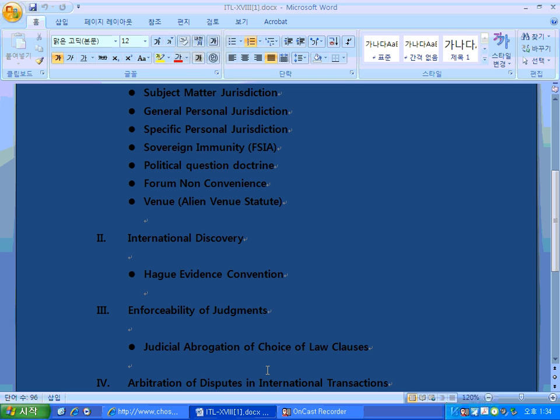Of course, there are several practical reasons to prefer alternative dispute resolution. For example, the expertise of an arbitration panel, or the cost factor. It would be less costly and less time consuming.